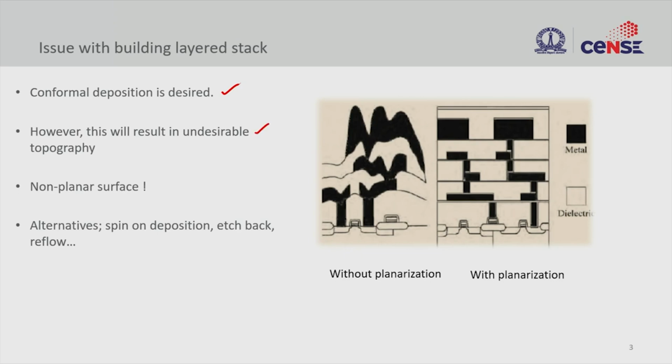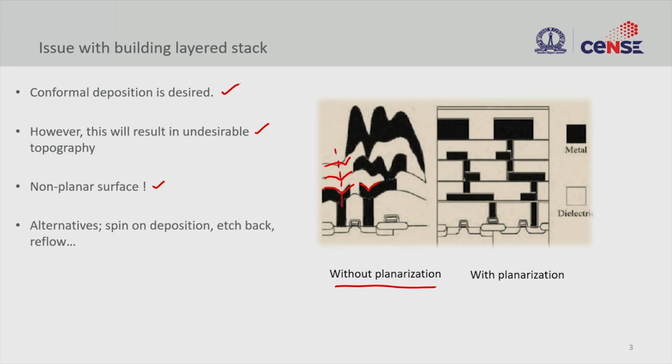That means it is not going to be flat anymore. That is what we call a non-planar surface, and this is the result of such a conformal deposition. You always have this sort of neck that is formed, and the subsequent layers are also going to follow the same topography.